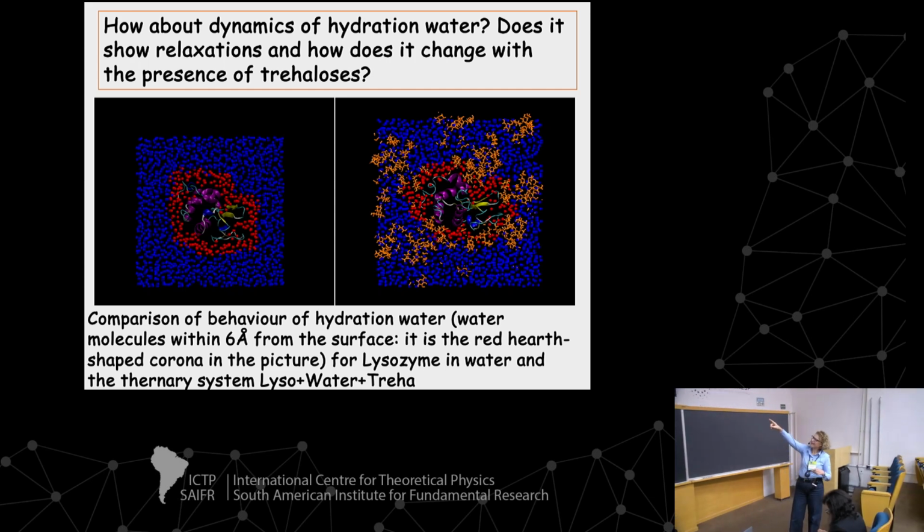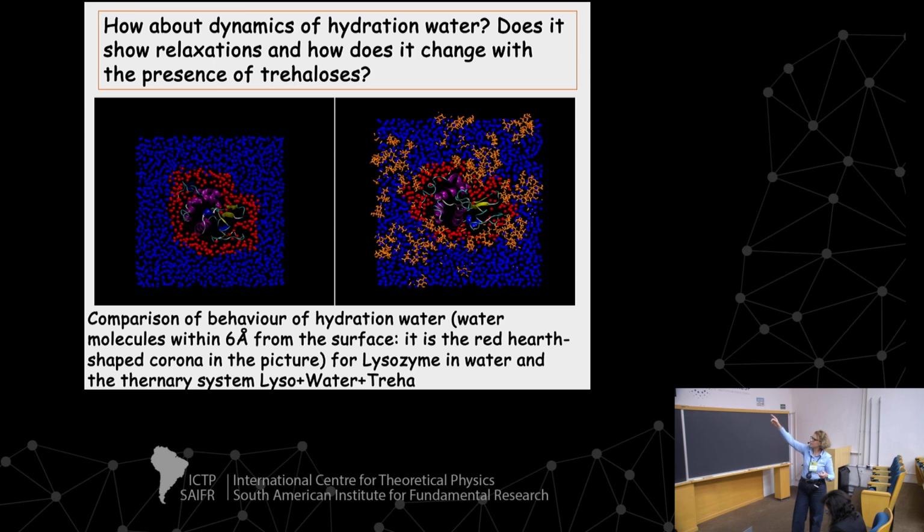So you see only the red is the water that we use to calculate the correlator. And the other system that we studied, so bulk, pure water close to lysozyme. Lysozyme is a globular protein, and very small.